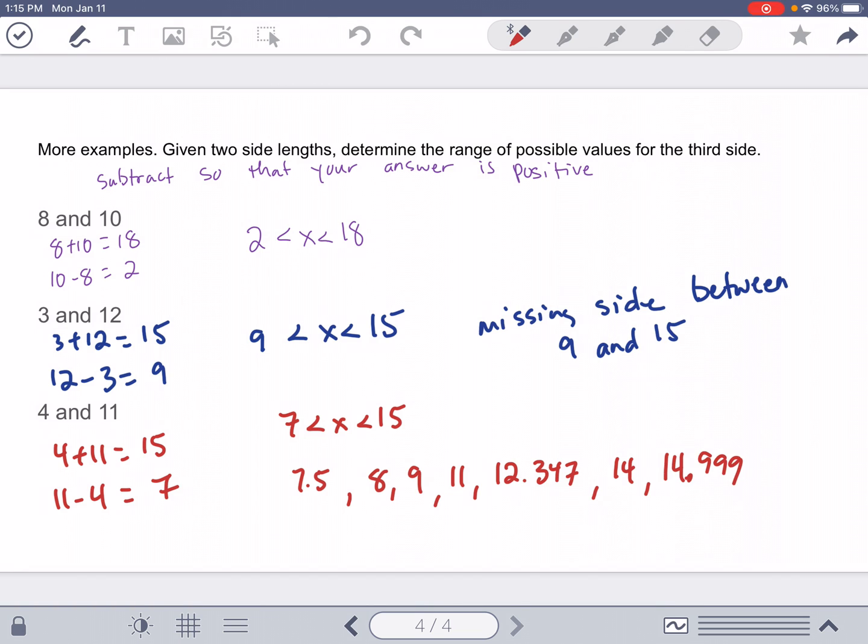Anything between 7 and 15 will work. So these would all be a yes. But if I were to pick 6.9, 5, or 17, these are a no. They would not work.